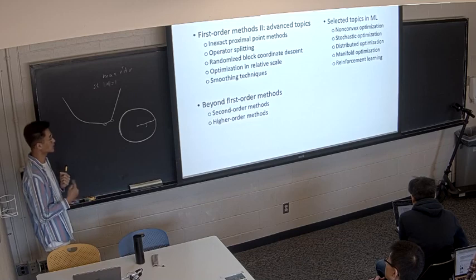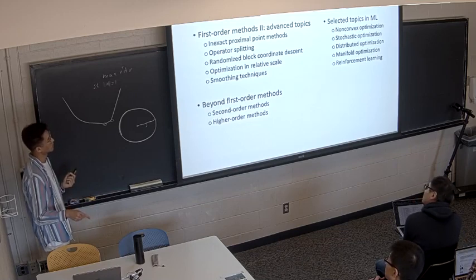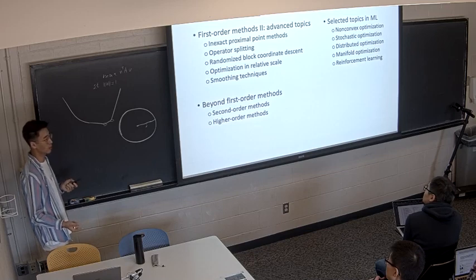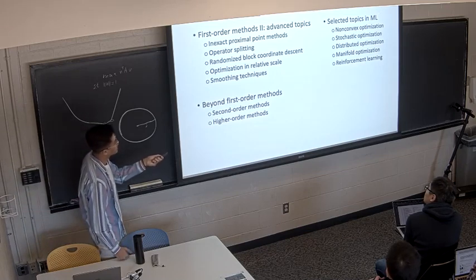So basically, you can translate all the first-order methods into the language of reinforcement learning or MDPs, into policy gradient type algorithms. It's again a first-order method. So this is another application.